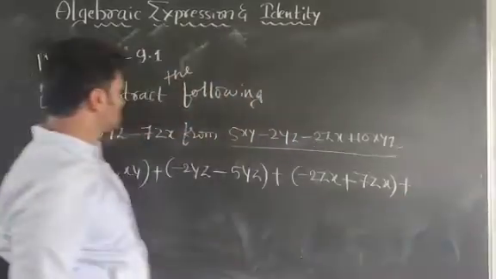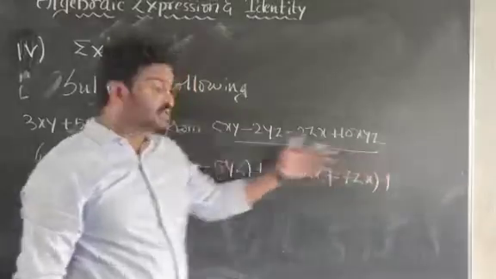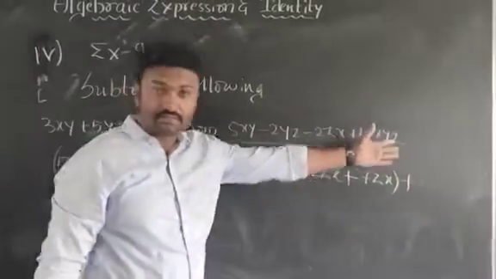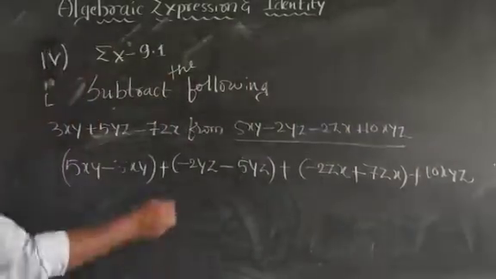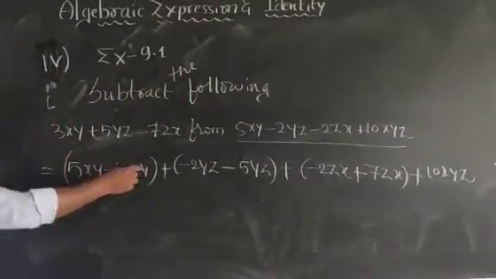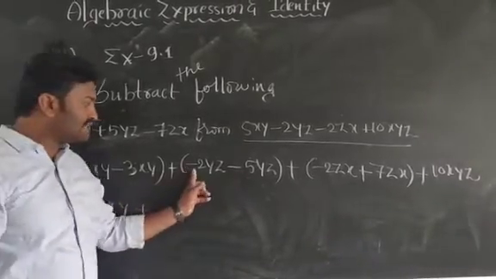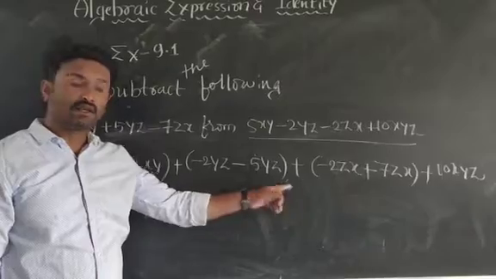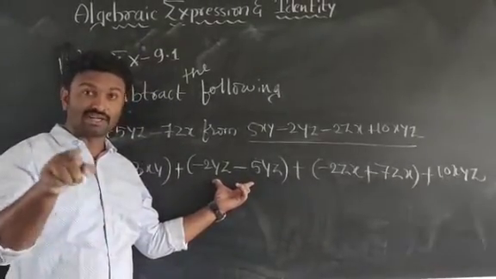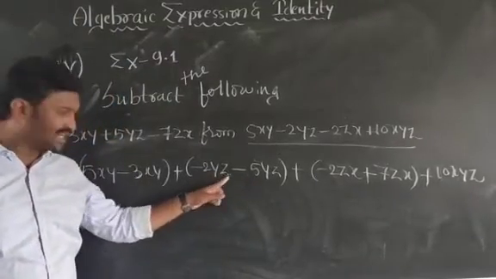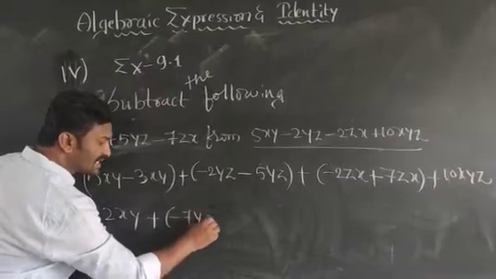Plus, which one remains? This 10xyz term is not there here. It is the only one term, 10xyz. Now solve. 5xy minus 3xy is 2xy. Then minus 2yz minus 5yz: both are negative, add and keep the negative sign, so minus 7yz.